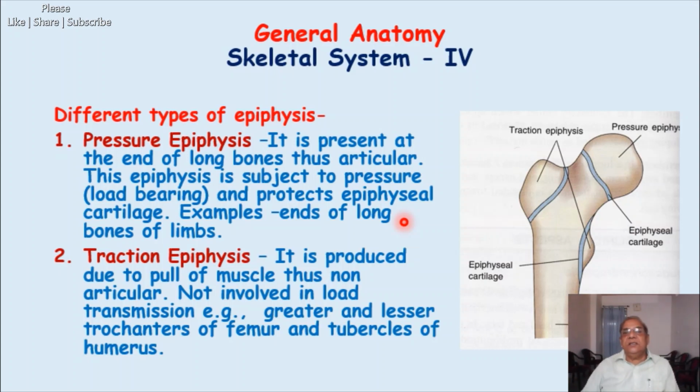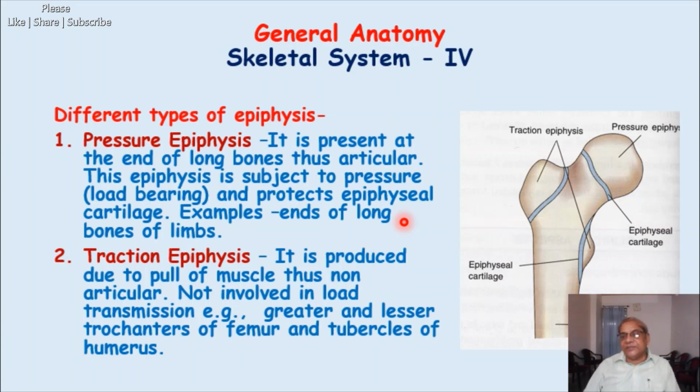Then another epiphyseal center or secondary center may develop, okay, where muscles are attached, and they are the traction epiphyses because they are produced due to the pull of the muscle, okay. Thus they are non-articular, because I said that the ends of the bones were articular because they were passing the loads or pressure, but here it is traction, it is pull, it is just the opposite force, okay.